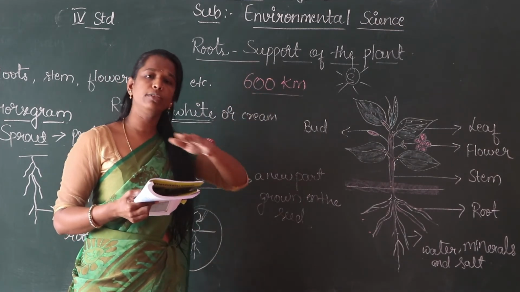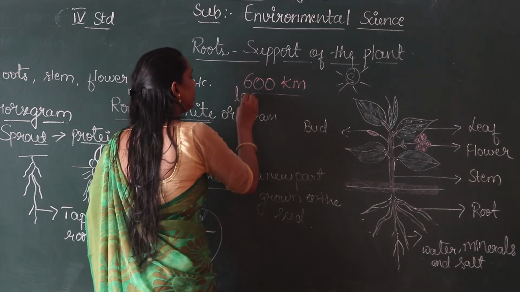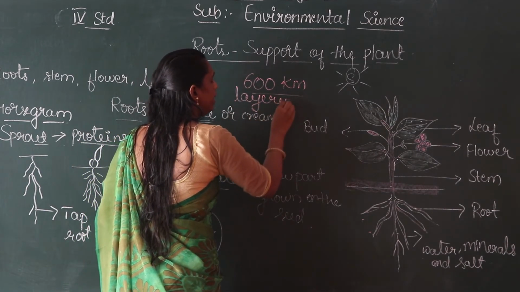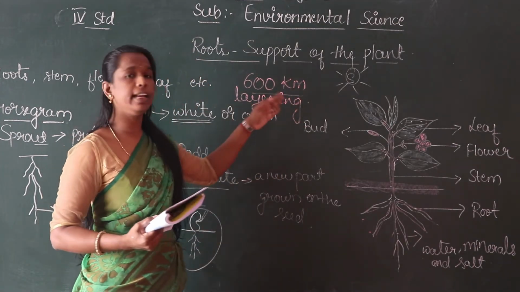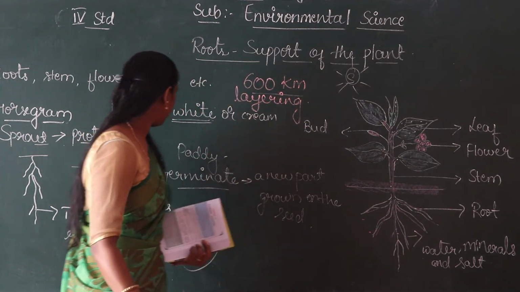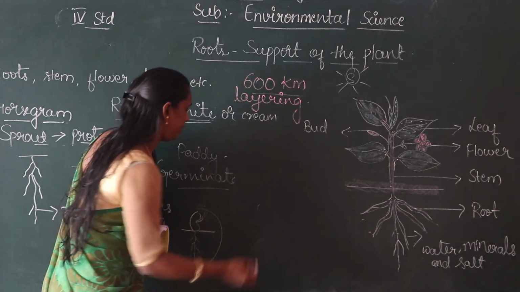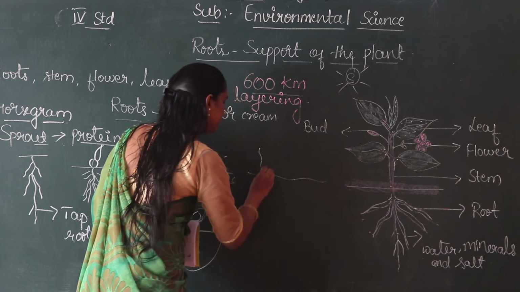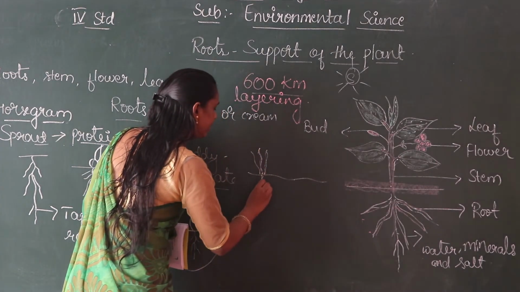See, our roots ಯಾವ ತರ spread ಆಗುತ್ತೆ ಅಂದ್ರೆ, it will be in the layering process. The roots will be spread by the layering process. So I will write on the board. For example, this is the grass. So the roots like this.